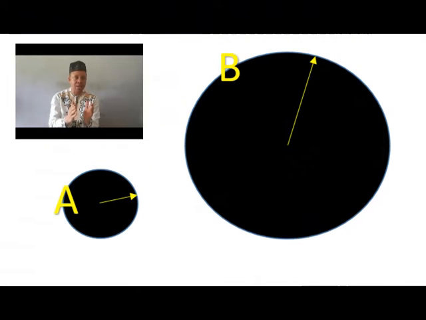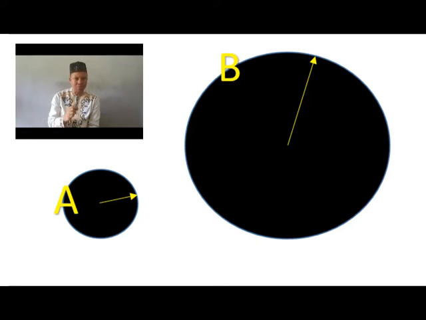Circle A is small, while circle B is bigger. Do you think that the distance between the center of both circles to their circumferences are the same? Definitely not. The smaller circle A will have a smaller radius. The bigger circle B will have a bigger radius.